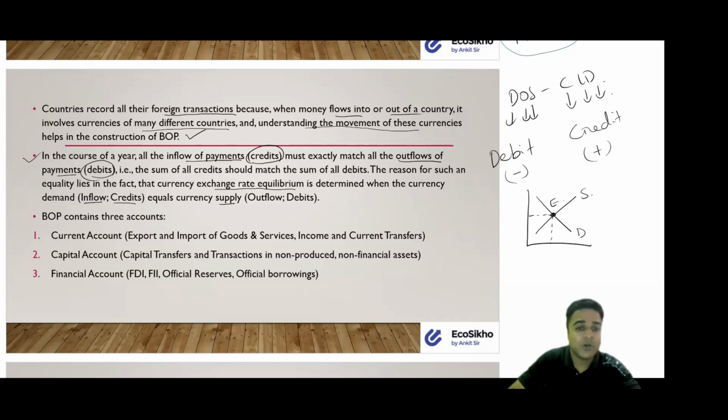The supply is what you call outflow, what you call debit. So essentially in this graph you can see that demand is equal to supply, but in reality when we talk about balance of payment, we also know that this demand is nothing but credit, and this supply is nothing but debit. That tells us that whenever we try to make a balance of payment, all the debits should exactly match all the credits.